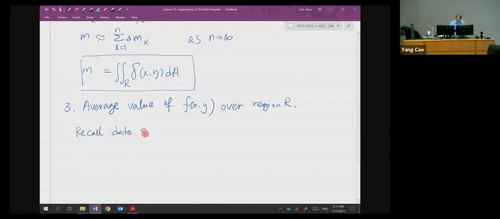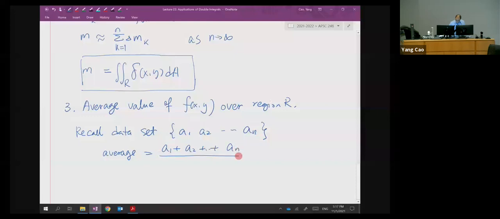Recall if you have a data set A1, A2, up to An, n real numbers, we have learned how to calculate the average. You add up all the numbers and divide by n, so you get the average value based on the data set.